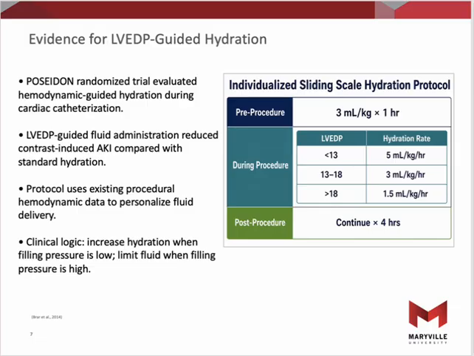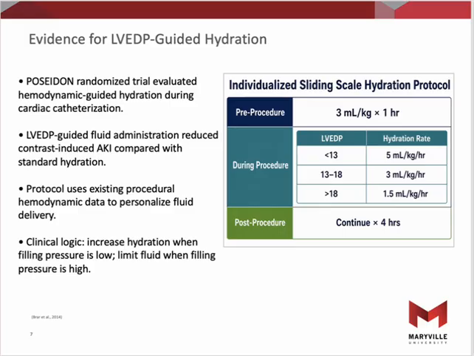The POSEIDON protocol, I believe it came out 10, 15 years ago, and we used it at a previous facility I worked at in San Diego, and they saw really good effects afterwards. In terms of patients having to stay afterwards or having acute kidney injury that were high risk, they really eliminated some of those factors, and overall patients benefited from it.